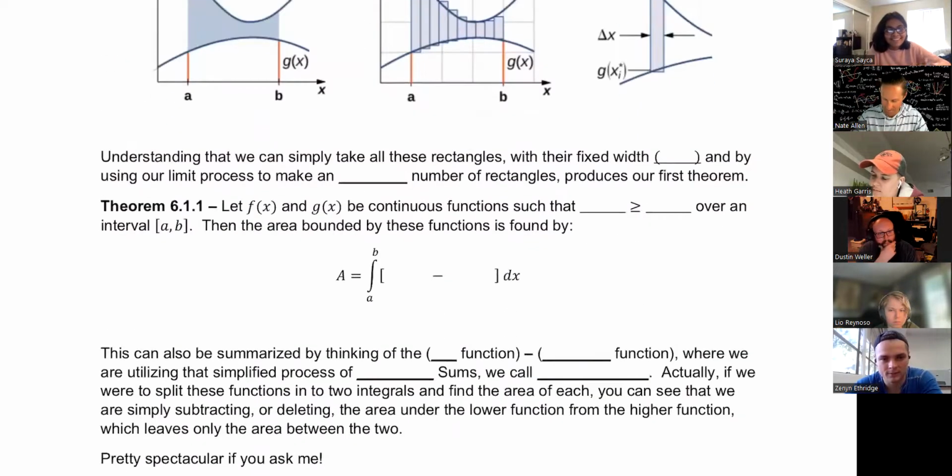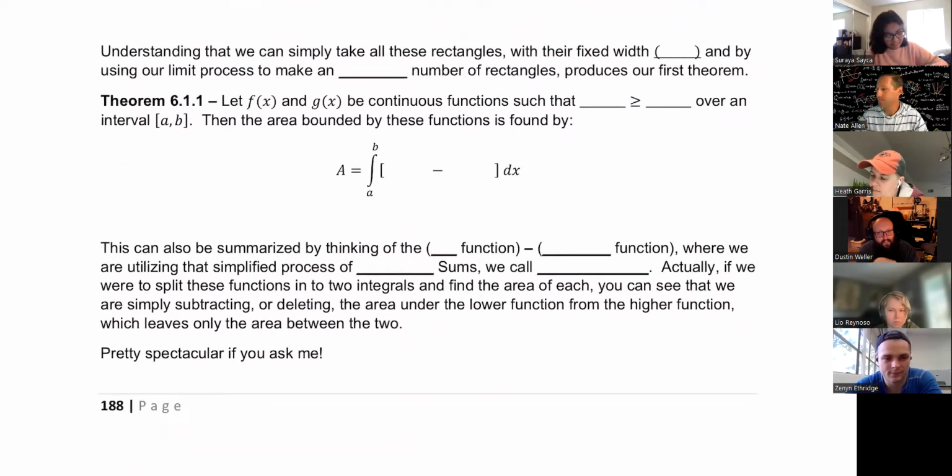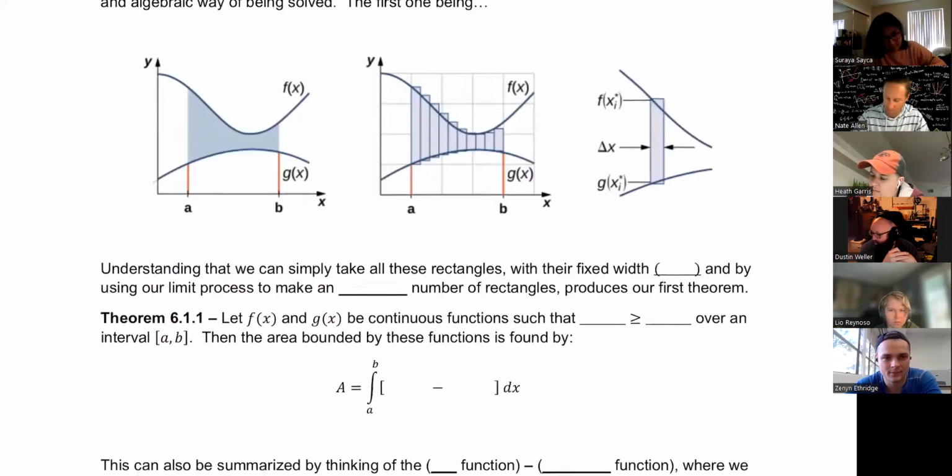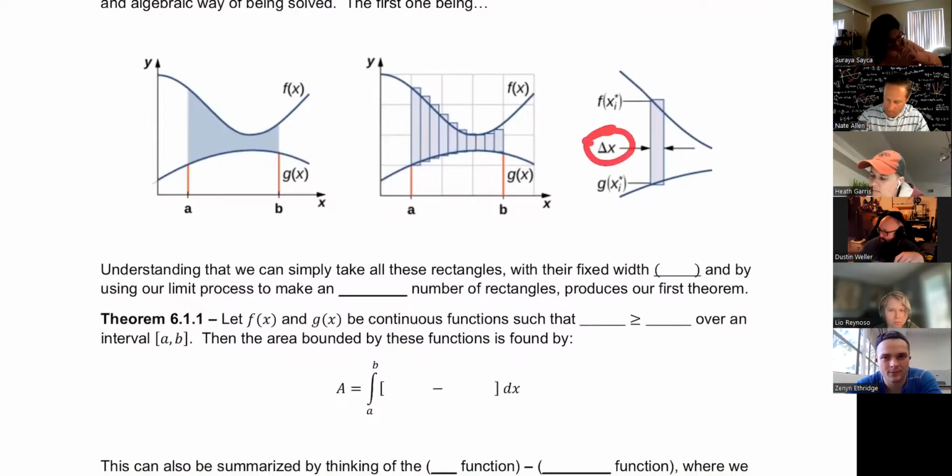All right. So for the next few things, we're still going to have that fixed width we call delta x. But in integrals, we change it to dx, right? In calculus. So it's still going to be that fixed width for each one of those. That's nice. But what is going to change is the heights of both functions.